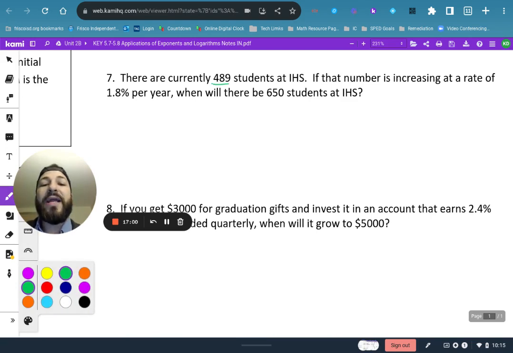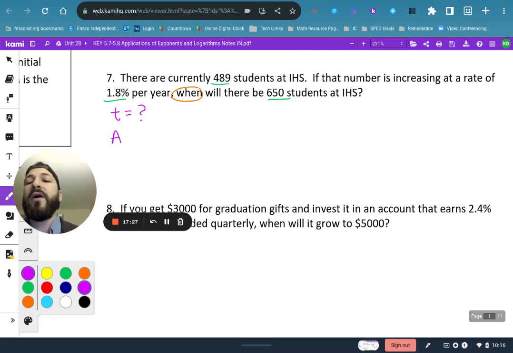So 489, rate of 1.8% per year, and when will there be 650? So this time we're actually given two amounts, 489 and 650. We're given a rate, a percentage. We're not told the time, and instead we're asked when. So the difference here is now T is actually going to be our unknown variable. So T is what we're trying to find here.